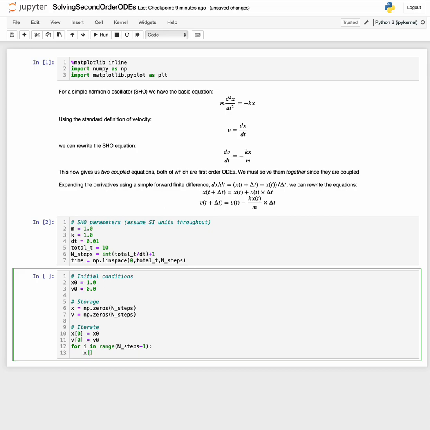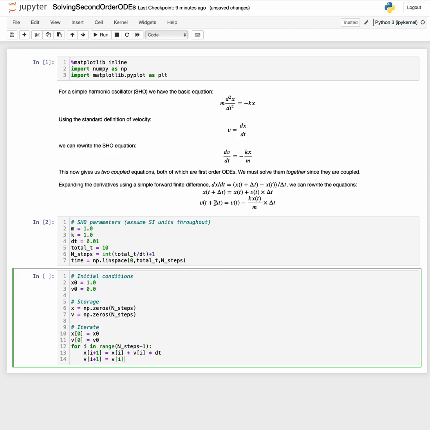We can say x of i plus 1 is equal to x of i plus v of i times dt. And just compare this equation here, this line of code, with the equation up here for x. They're identical. And then for v, we have v of i plus 1 is equal to v of i.